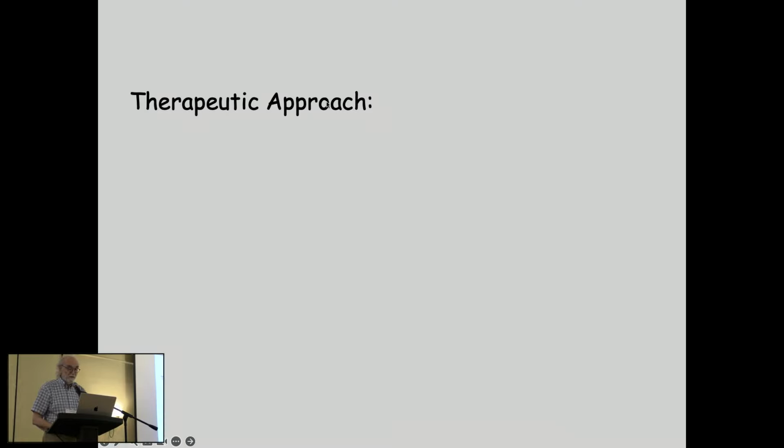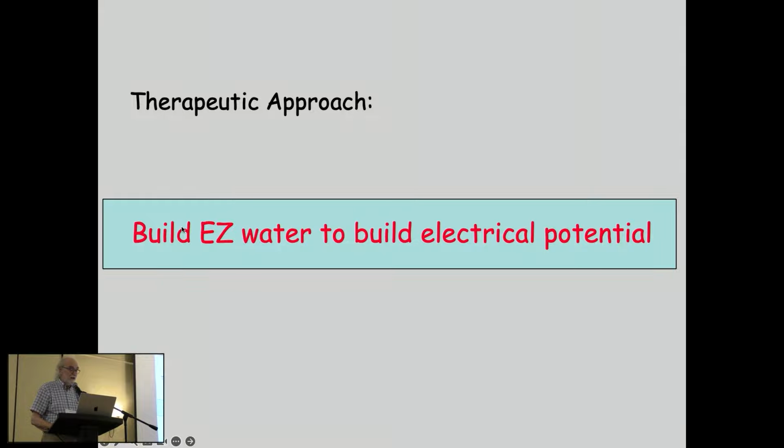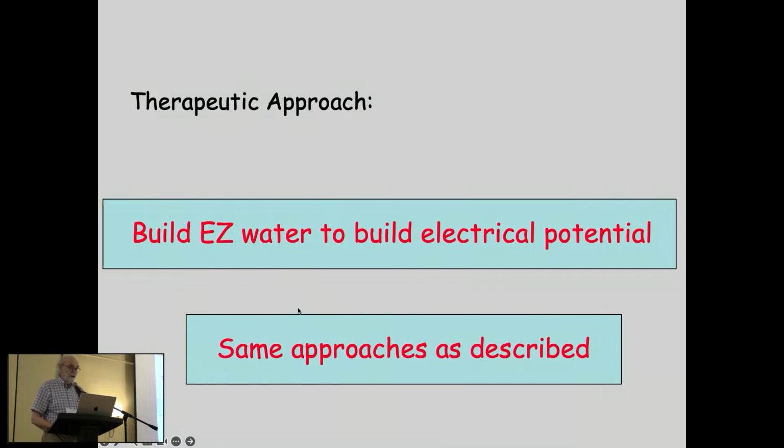So a therapeutic approach that follows directly from that is to build easy water, have more easy water in the cell, and that should build the electrical potential. And so an anti-cancer approach would be the same approach as that half dozen list, but there's actually more of them, same approaches as described.